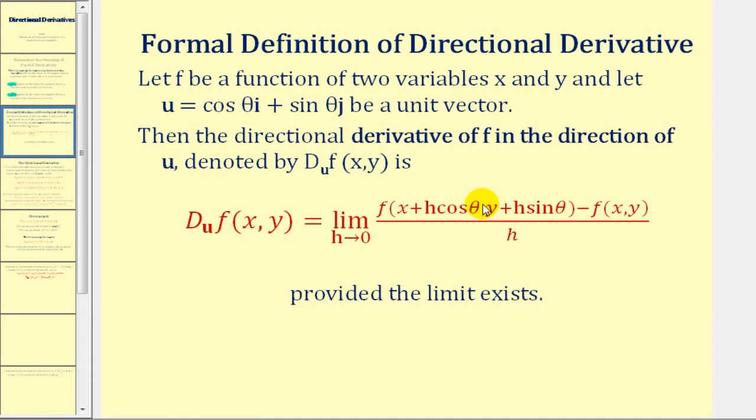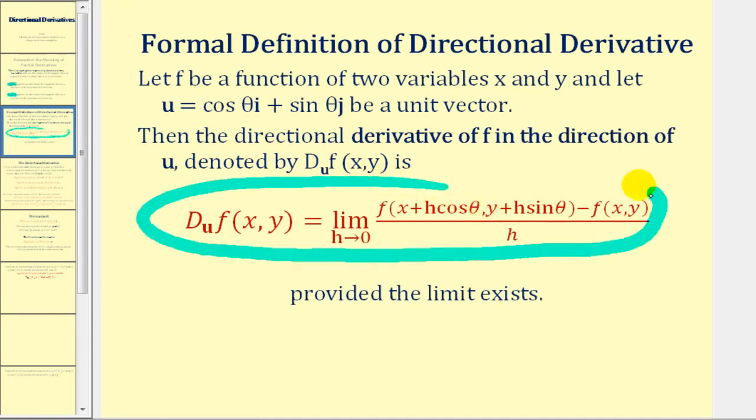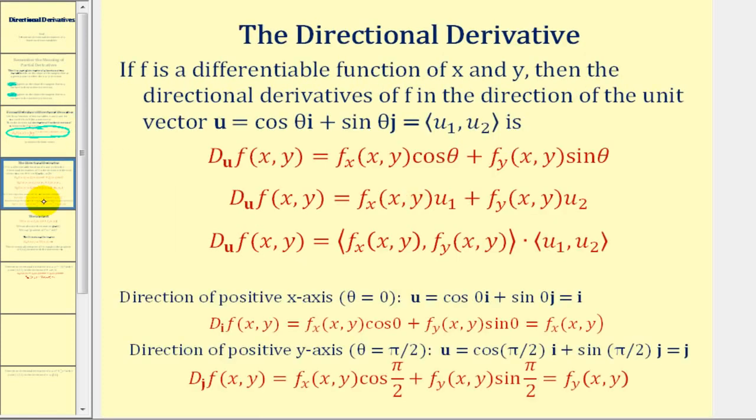The formal definition of directional derivative involves a limit definition, just like any other derivative that we studied. But for this video, we're going to go ahead and use the working formula to determine the directional derivative. And here it is.